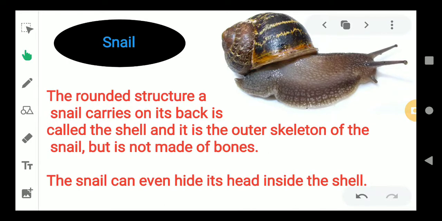It is the outer skeleton of the snail, but it is not made of bones. Snails can even hide their head inside the shell. It protects them from enemies.